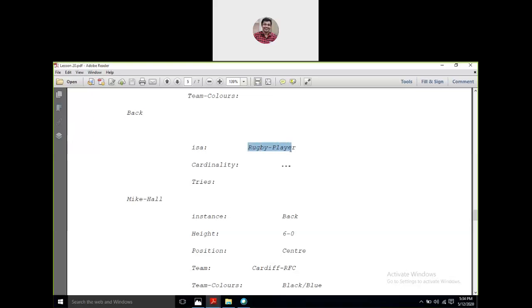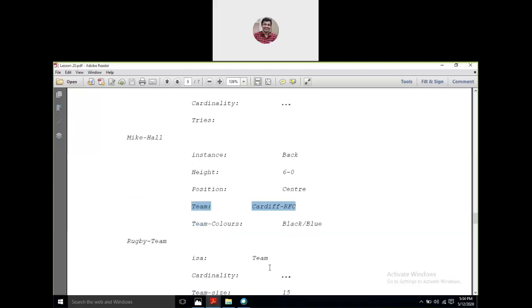So he was a rugby player. Or back is also a position where Mike Hall is playing, who has a height of 6, a position of this, he belongs to a team of this, and for Cardiff RFC the team color is black and blue.